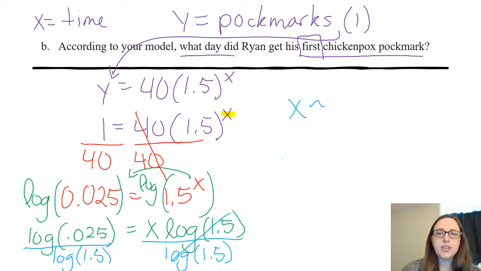So x is about, put this in my calculator real quick, log 0.025 divided by log of 1.5 is, we should get a negative number because we're trying to go backwards in time. So it's about -9. I'm going to round that to the nearest day. So about 9 days before. Remember, our starting point was October 31st.